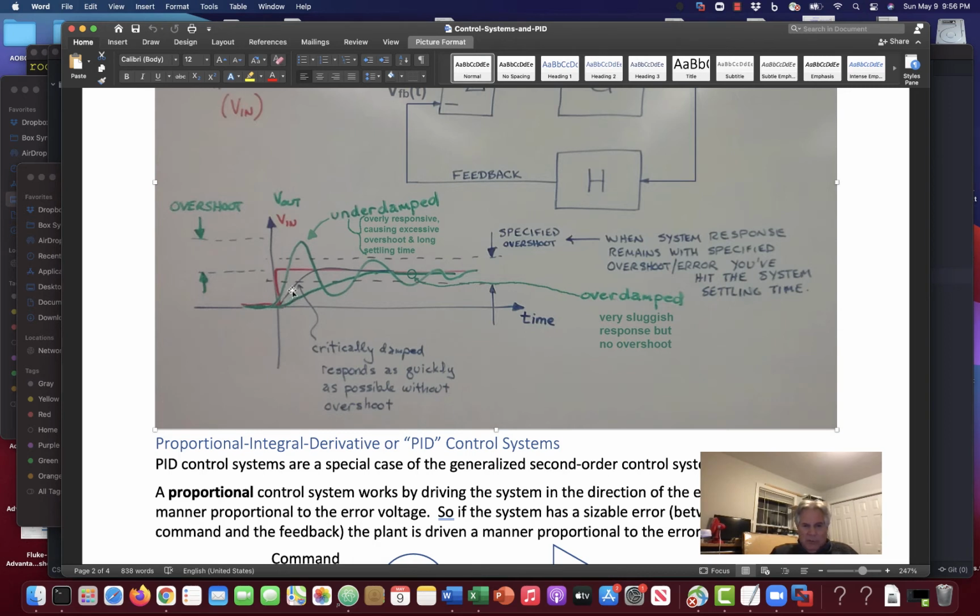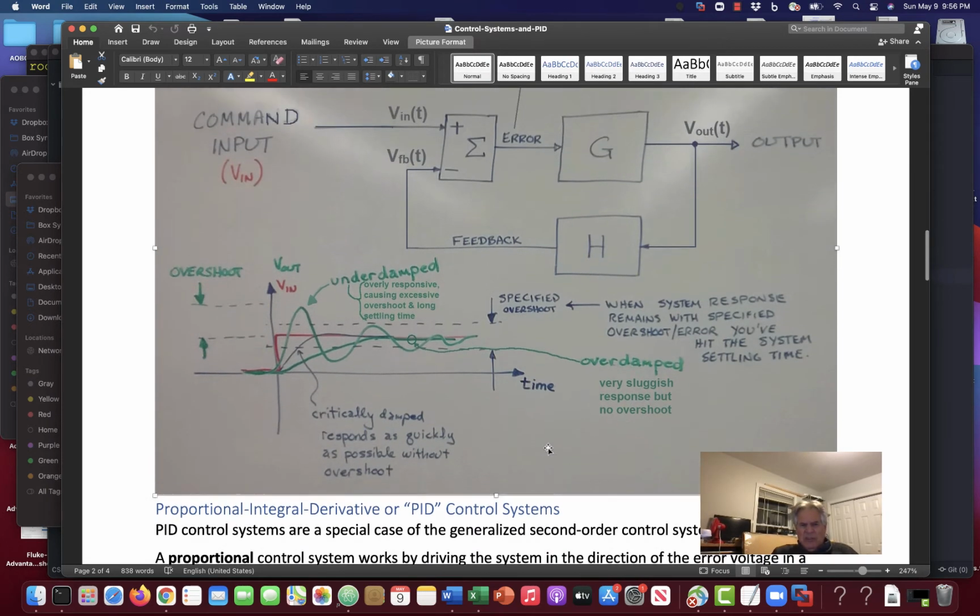It won't respond as fast as the step input, but it responds at a decent rate, and it comes up and hits the target output, and it doesn't overshoot it or undershoot it, and yet it goes about as quickly as you can without that overshoot.